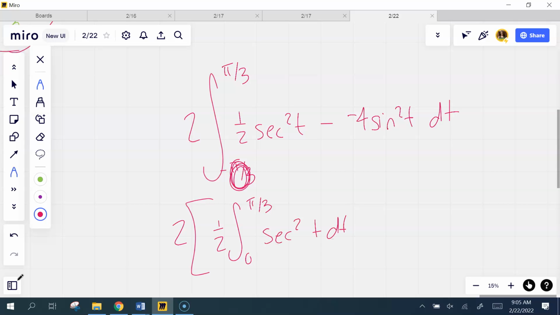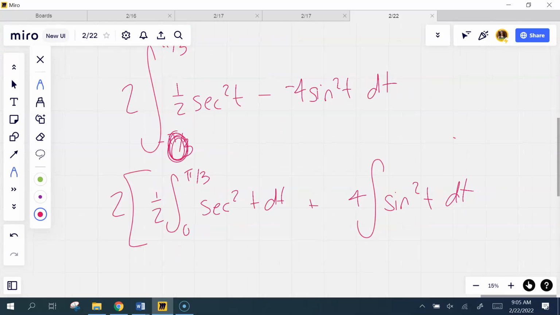This is another one of those identity ones. That's why you're splitting it. The antiderivative of secant squared is tangent. I just want to check how you split up. Let me get y'all a little sheet on the squared ones to help you with the integrals there.